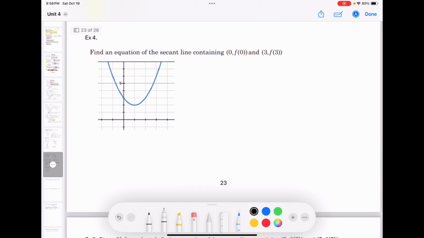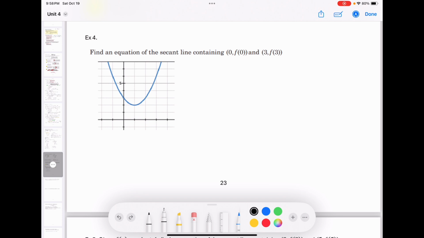Find an equation of a secant line containing 2 points. So now I give you 2 points. For example, maybe I don't have my graph, but I give you 2 points, and then I want to find the equation of the secant line. So for the equation, what do we need?